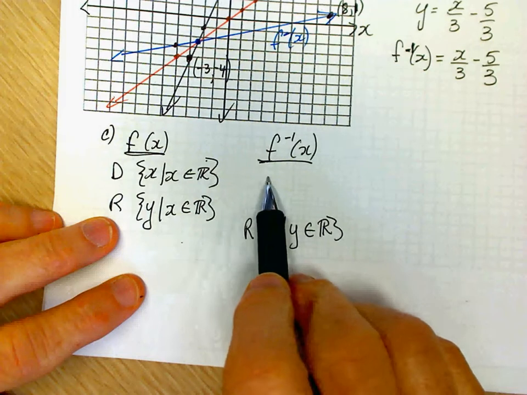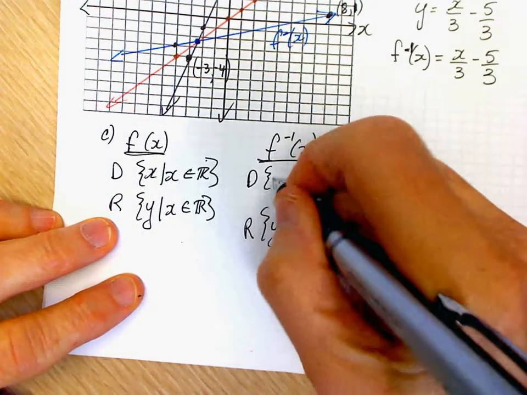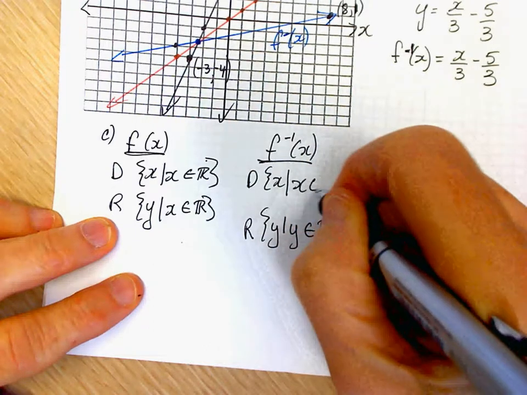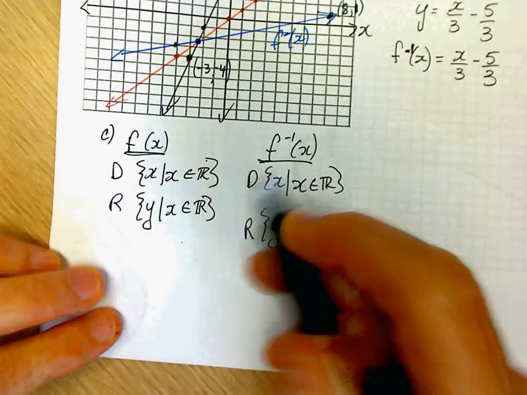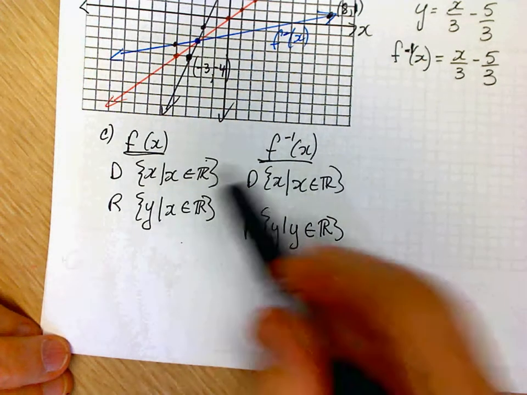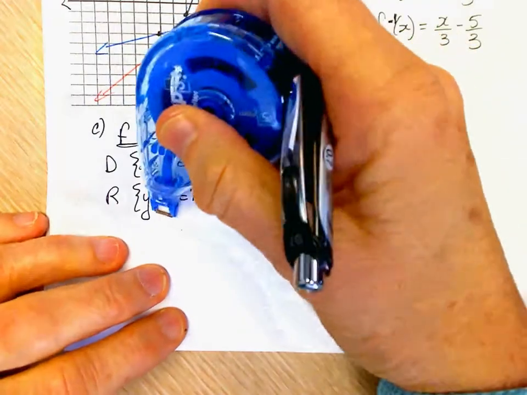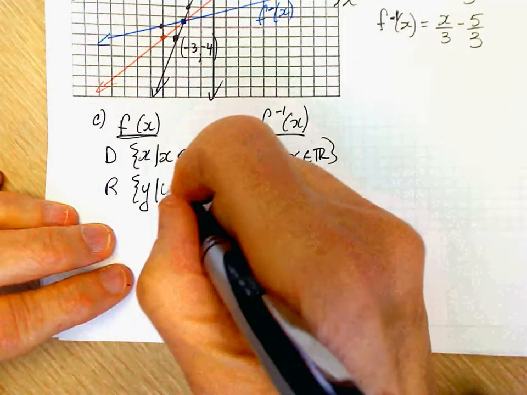So this is going to be x such that x is an element of real numbers. You can't see it here because it's x-er, that should be y-er. Yeah, okay, that's better, right?